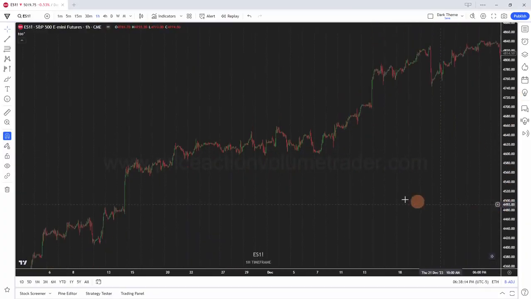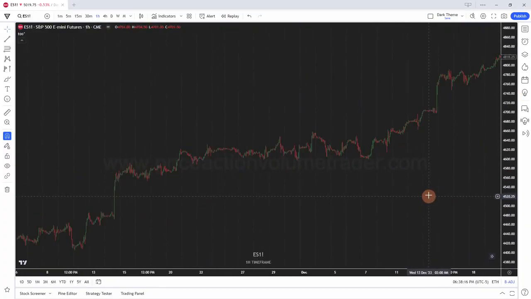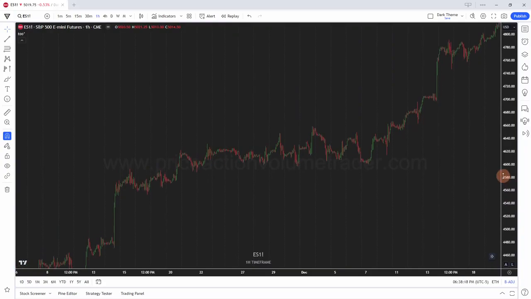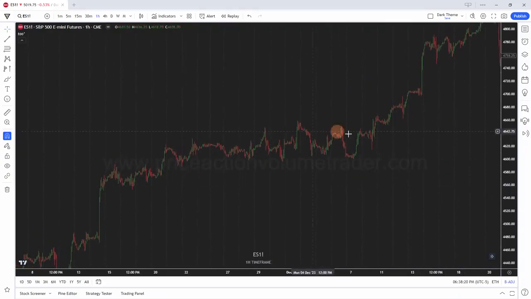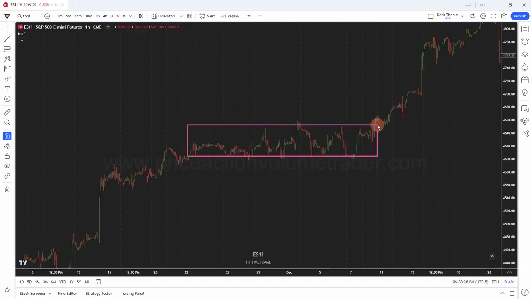If we go into a 1 hour chart on the SP futures, you can see that pretty much the area that we merged was this period right here. So you can see how we had this impulsive move here. Here we had a little balance, but then we had this move up.